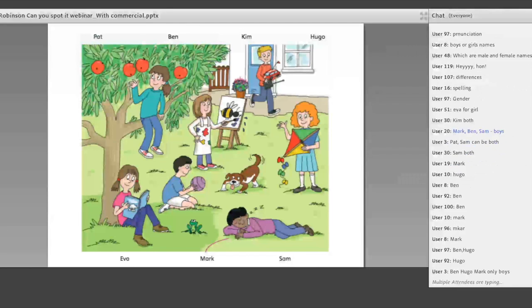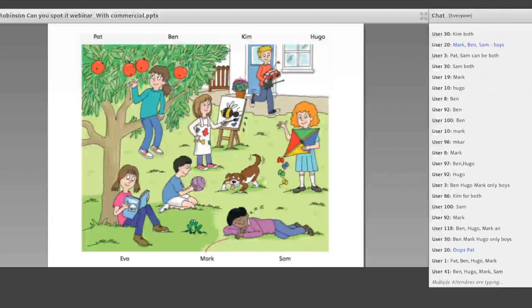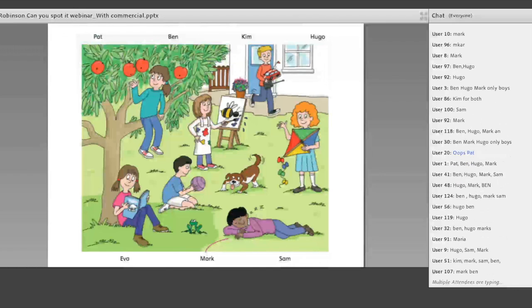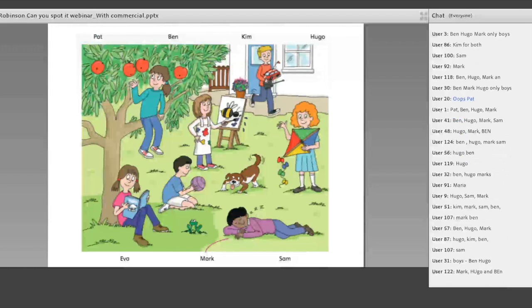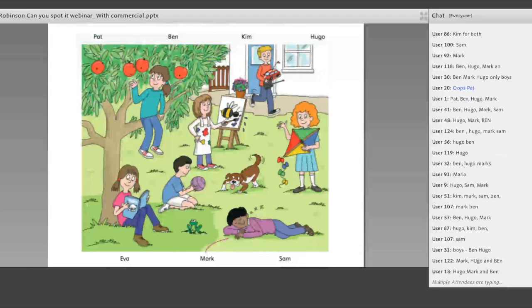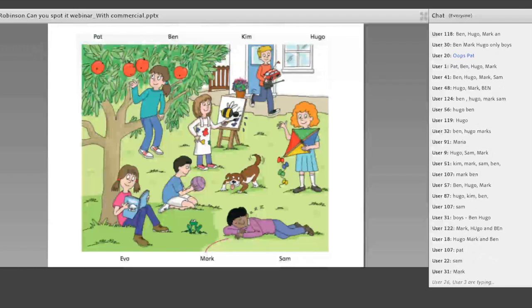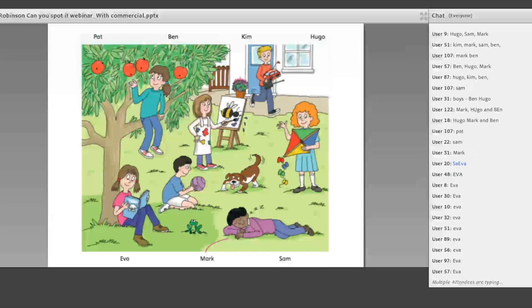Yes, probably Hugo and Ben would just be used for boys. And Mark too, yes. And Kim and Pat and Sam could be used for both. And which one would only be used for a girl here? Yeah, Eva, or Eva, as we say here in Spain.